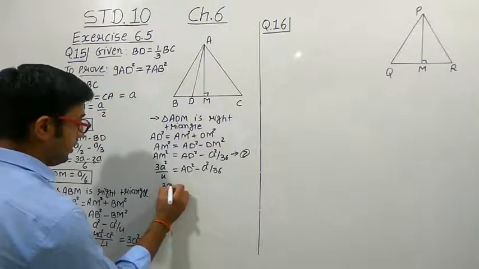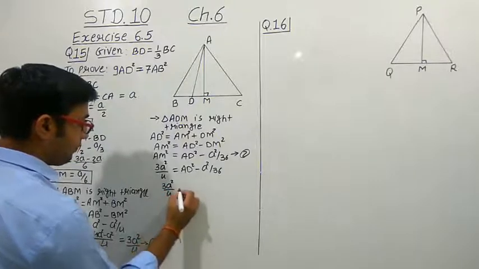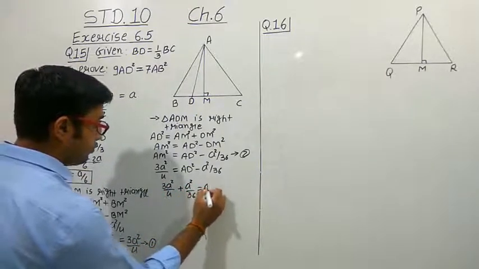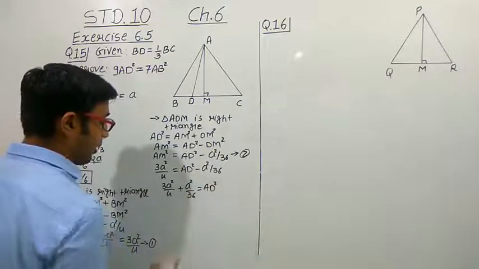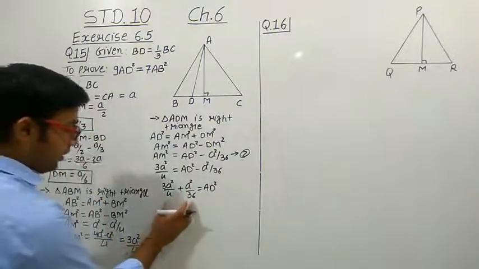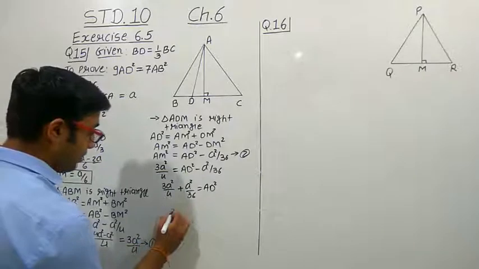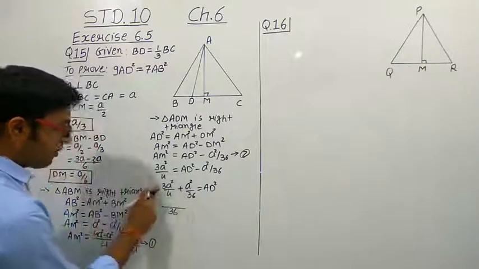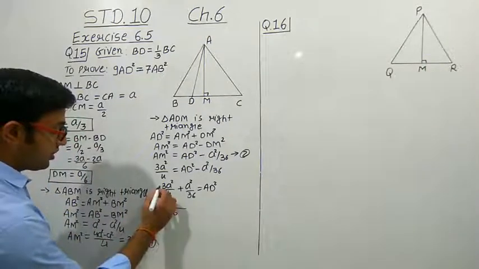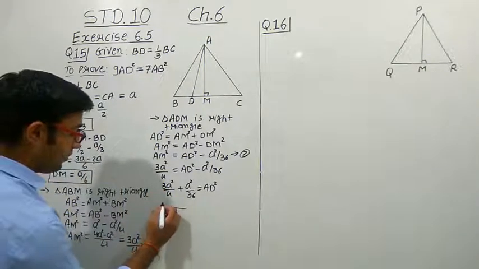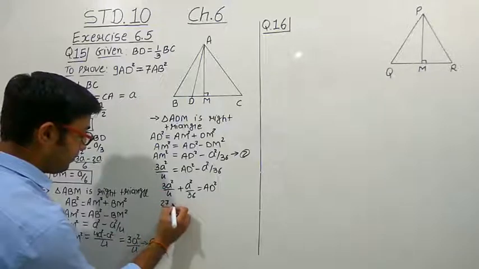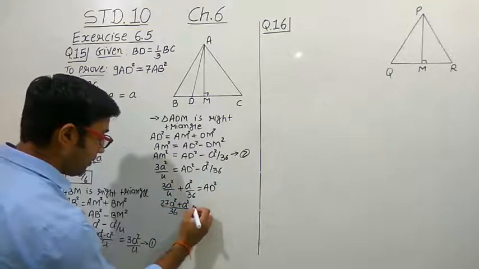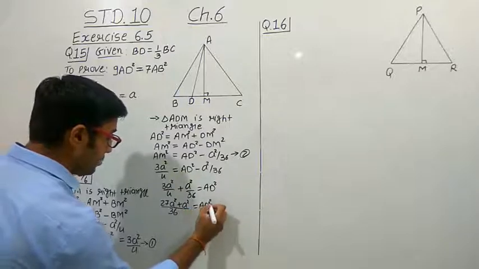We get 3A square upon 4 plus A square upon 36 is equal to AD square. So now here 36 is the LCM. So we multiply with 9, because 9 4s are 36 and 9 3s are 27. 27 A square plus A square is equal to AD square.